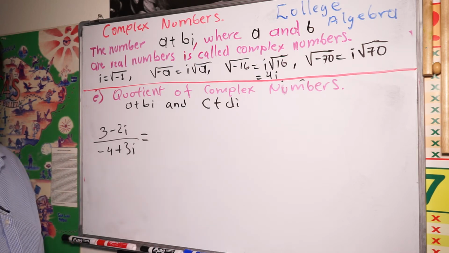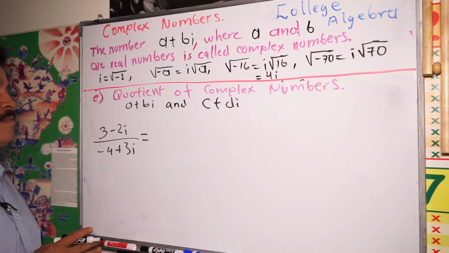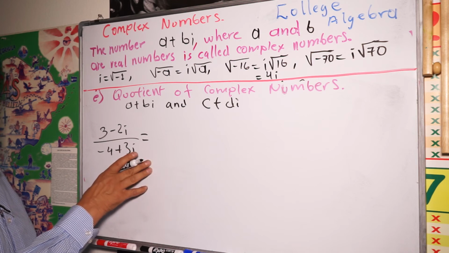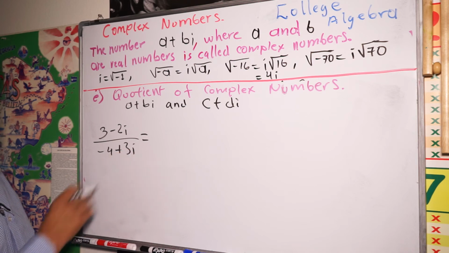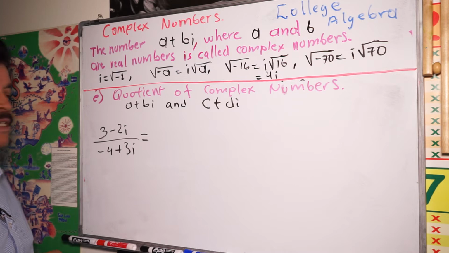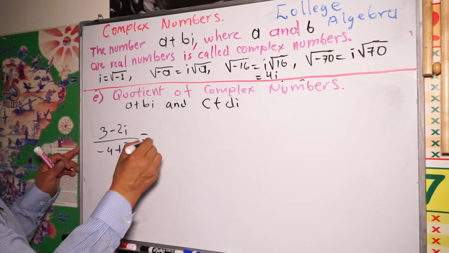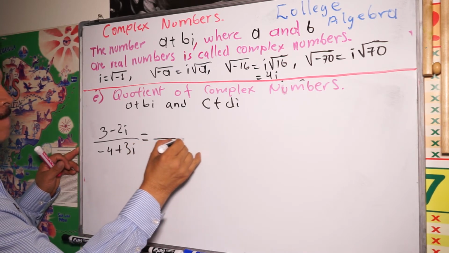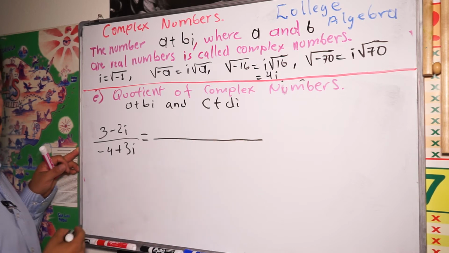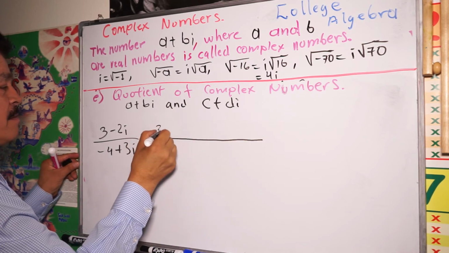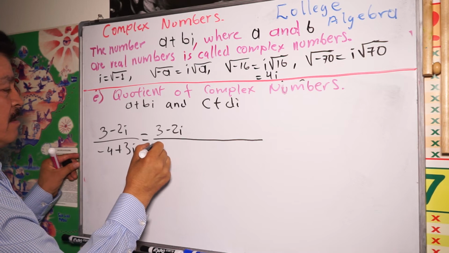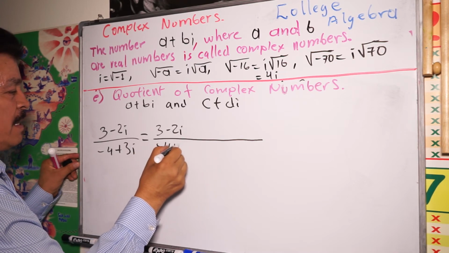When you solve the problem, the answer must be this way. Okay, right here, 3 minus 2i divided by -4 plus 3i.